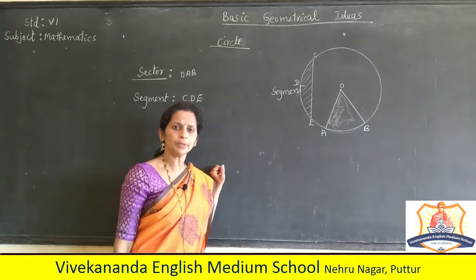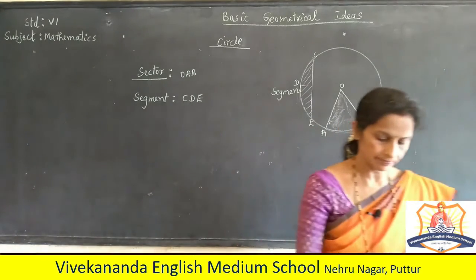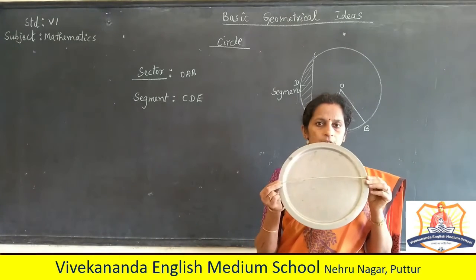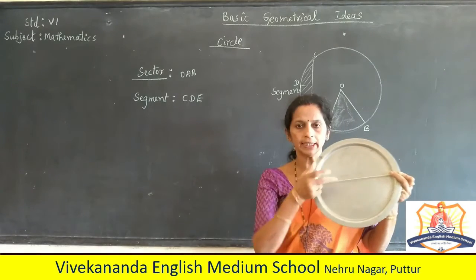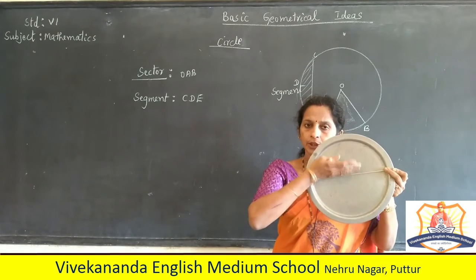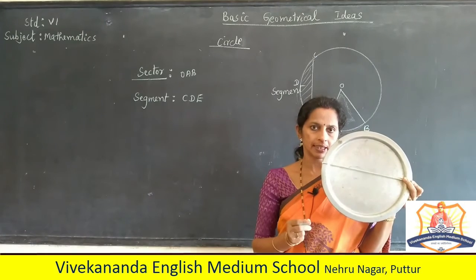Now some of you may cut the cake into two equal parts. In the middle, the line which joins the two end points and passes through the center is the diameter. So if you cut the cake into two equal parts, it becomes a semicircle.